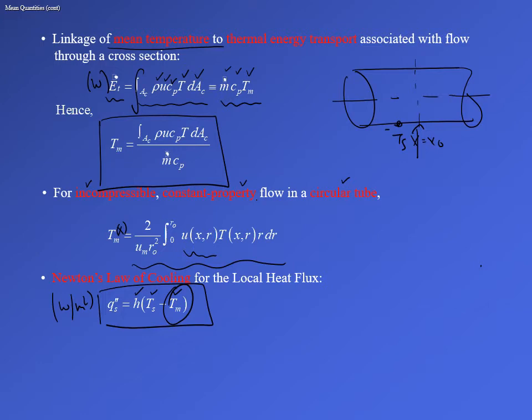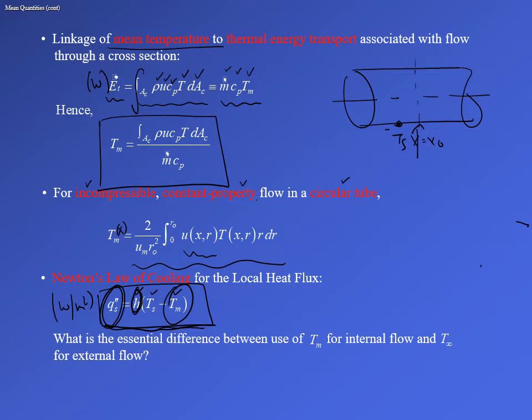Okay, although the fluid is not at a mean temperature everywhere above the surface of the pipe, we remember the definition of h is taken from Newton's law of cooling. So we will define h in such a way that this law of cooling is satisfied. So the watts per meter square that we have on the left hand side is related to the heat transfer coefficient and Ts minus Tm in this way. Okay.